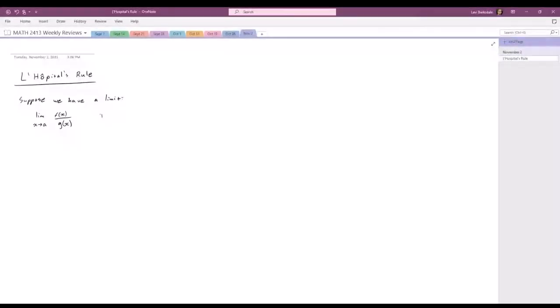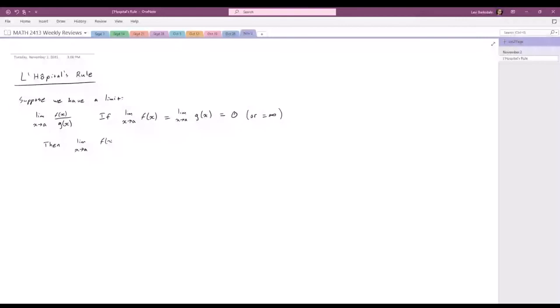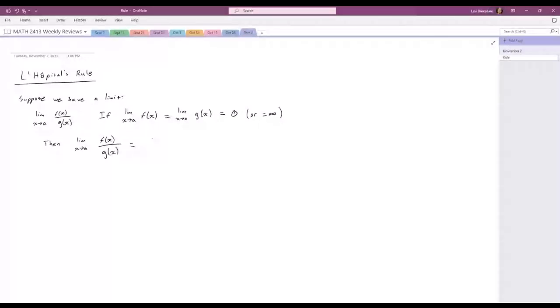Well, if we have that the limit as x goes to a of our first function equals the limit as x goes to a of our second function, and they both happen to be 0, or they both happen to equal infinity, well, then we can say that the limit as x goes to that same point a of f of x divided by g of x is equal to the limit as x goes to a of the derivative of f divided by the derivative of g.